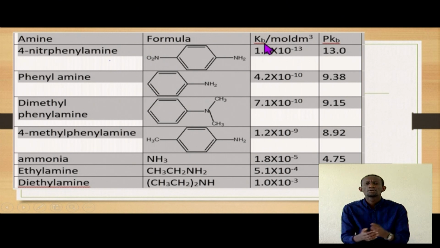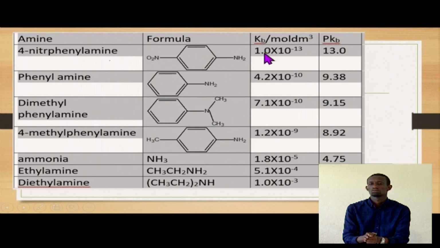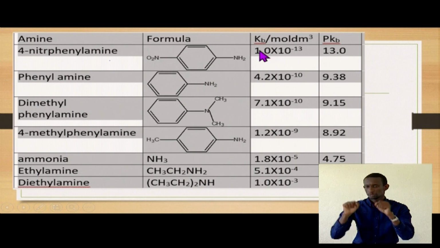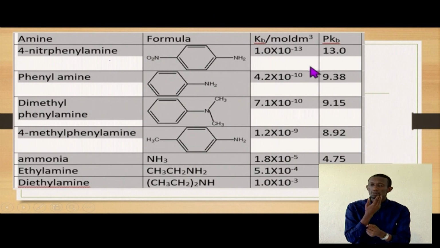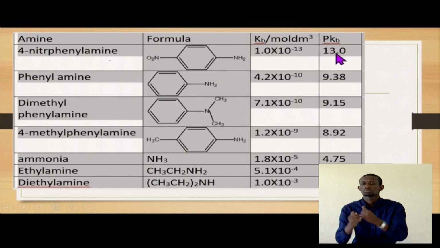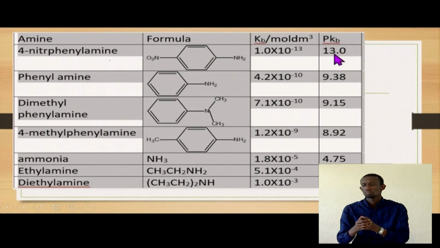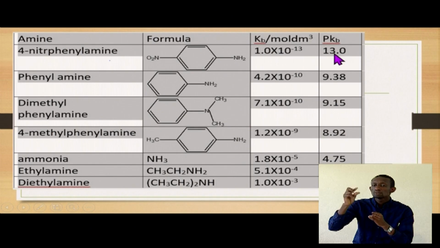The Kb shows the ability, the easiness with which the amine can dissolve in water to release the OH ions. pKb is the negative log of Kb. So don't mind about that. The higher the Kb, the higher the basicity of that compound.